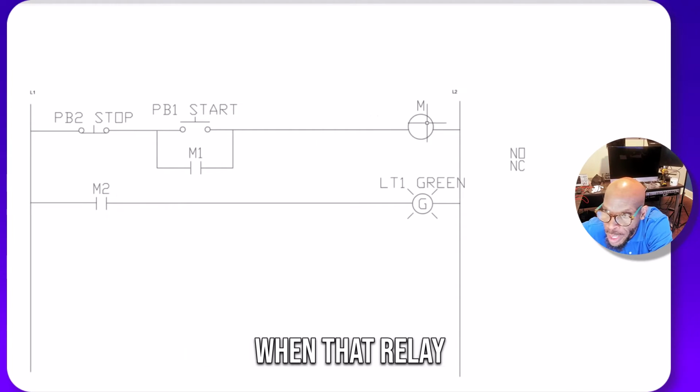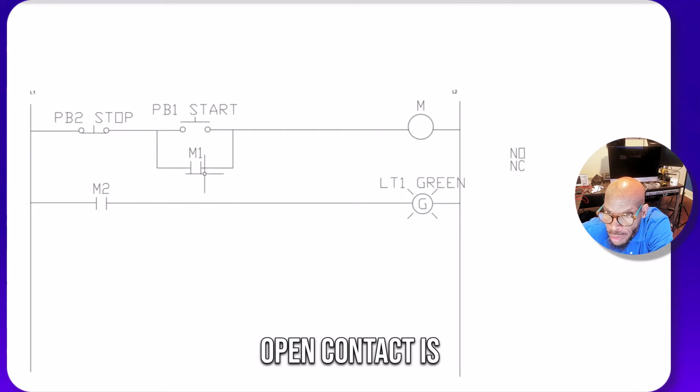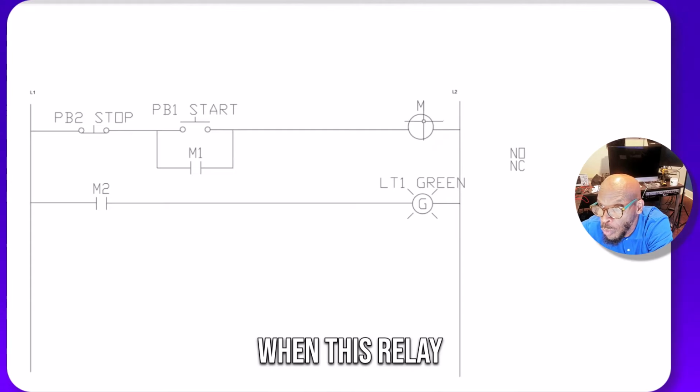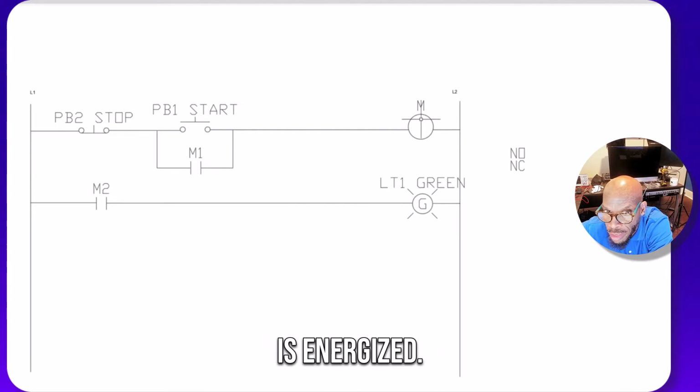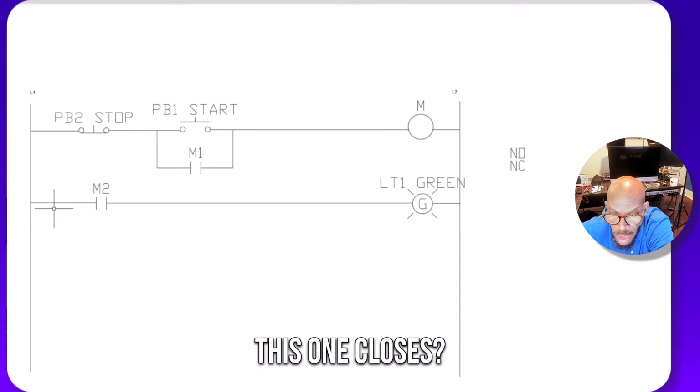So what happens when that relay is energized, every normally open contact is going to close. So that one closes and this one closes. So what happens when this one closes? It's got a path of least resistance. That's what electricity likes to do. That's why it's always looking to try to go to ground.